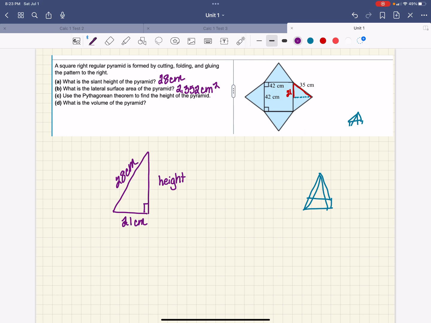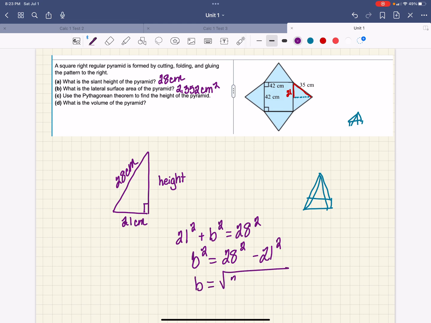So a squared can be our 21. Okay, our b squared we don't know, and our c squared is going to be that hypotenuse, or our slant height. So b squared is going to be 28 squared minus 21 squared. And the square root of that is going to be our b value.